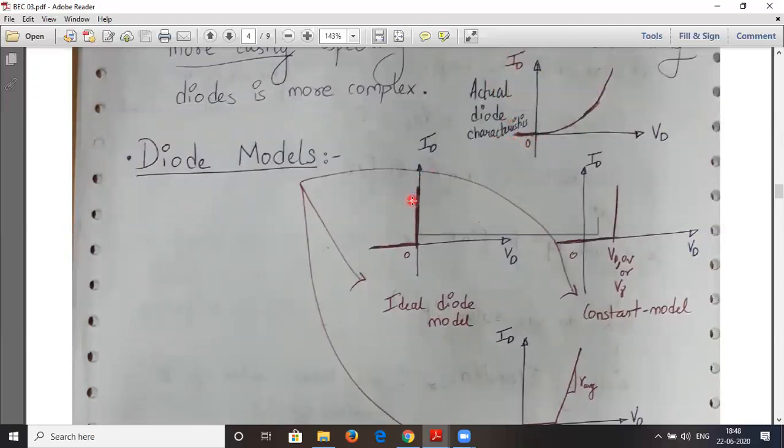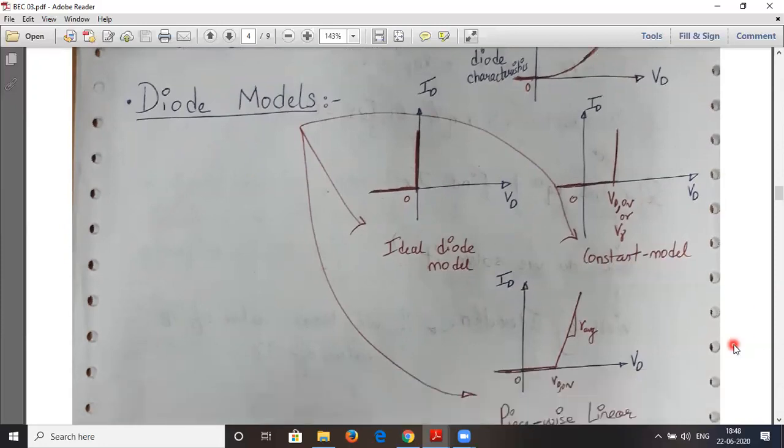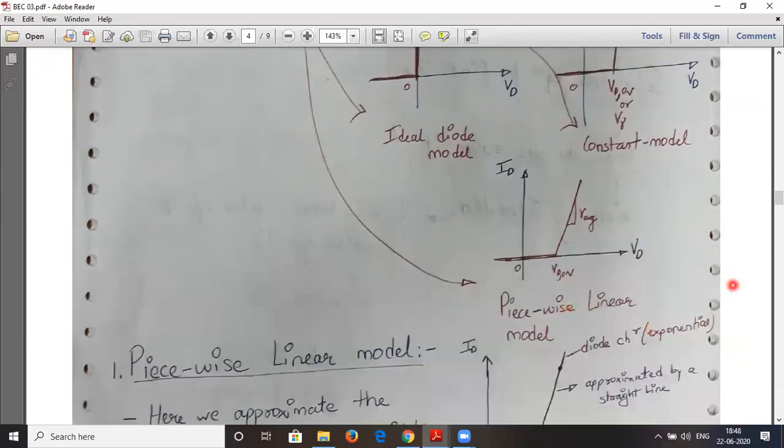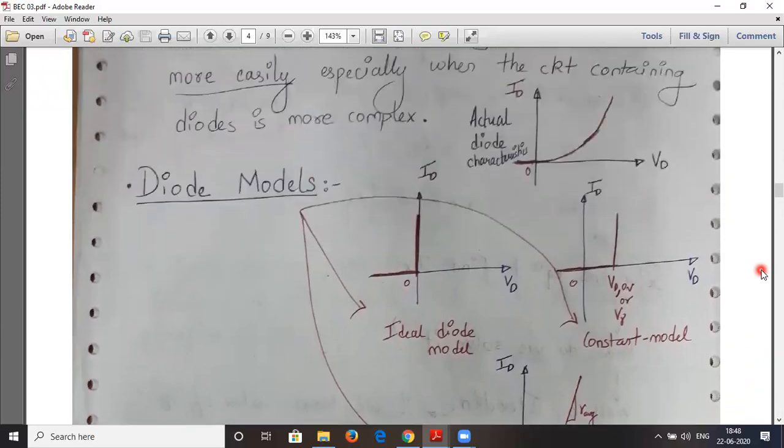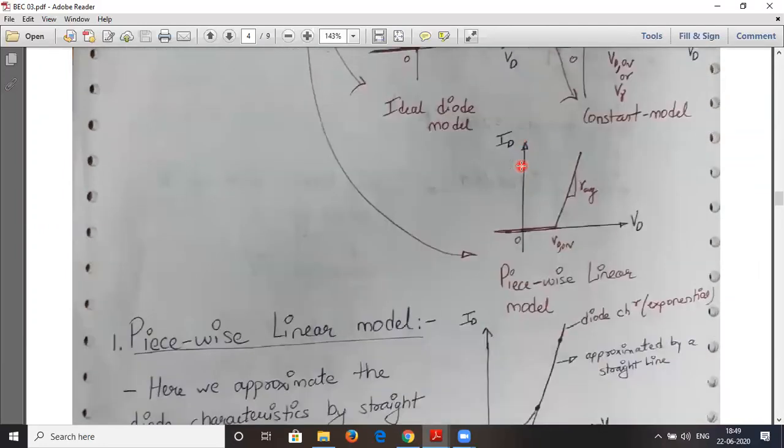The three other models are the ideal diode model, the constant voltage model, and the piecewise linear model. All these three models are varieties of the PN junction diode model. Out of these, the most accurate is the exponential model. The next most accurate is the piecewise linear model.